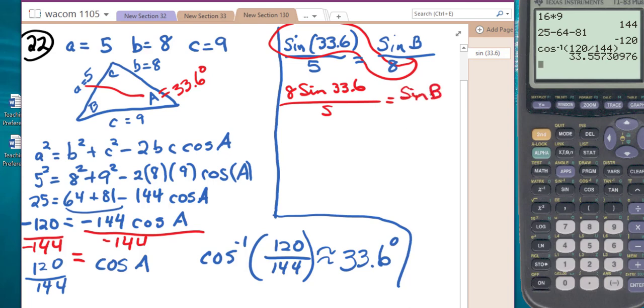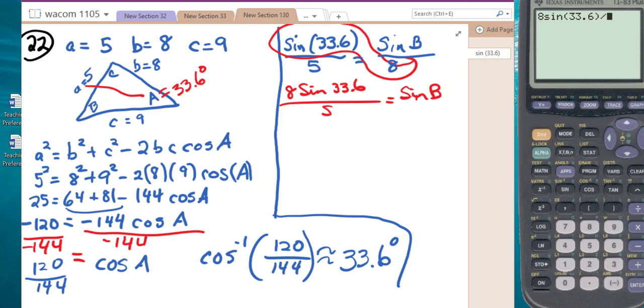We're going to have that same situation where we have to do sine inverse, but I'll show you on your calculator how to save the whole value. We'll clear, and do 8 sine 33.6 close, divided by 5. Enter. Now I'm going to hold that value.